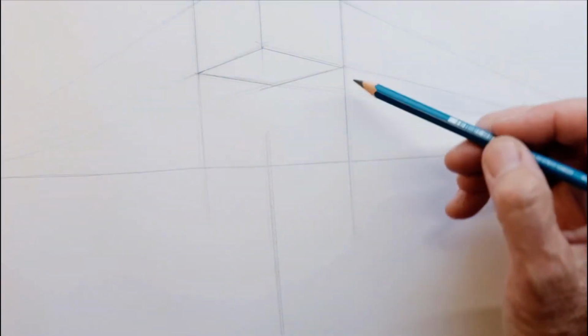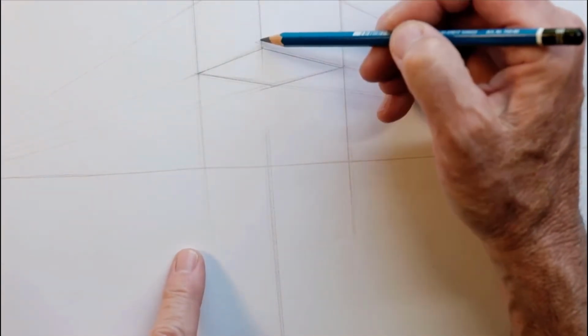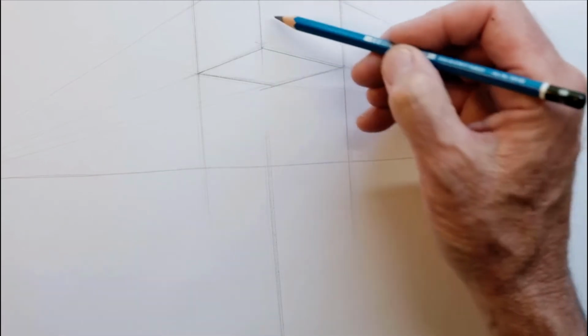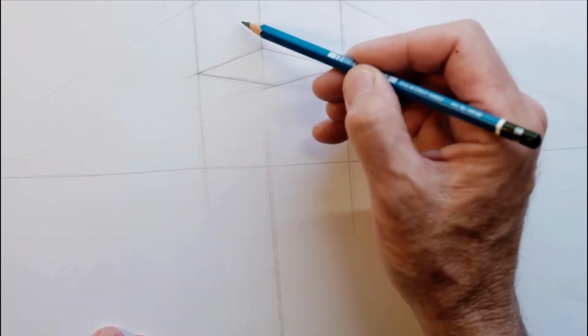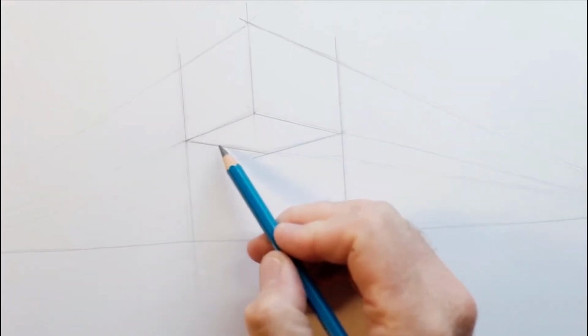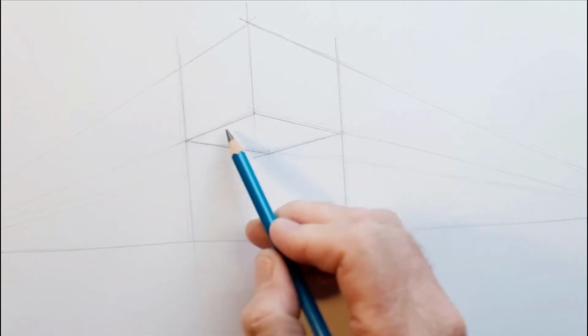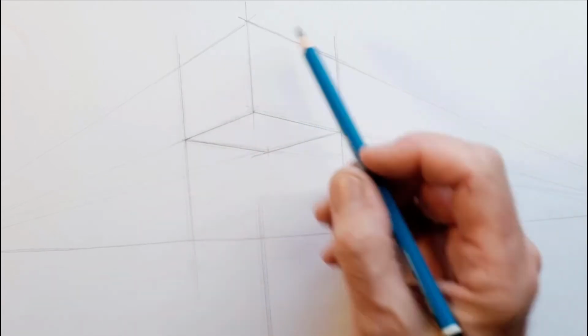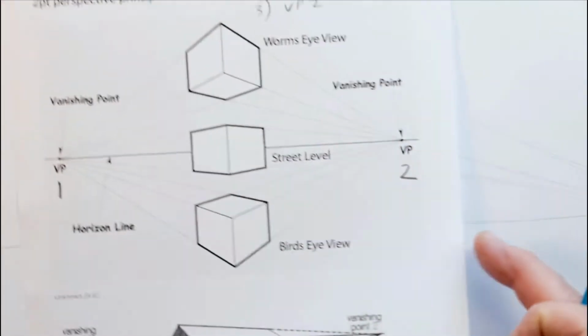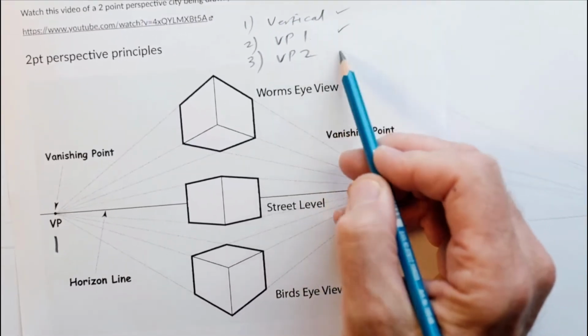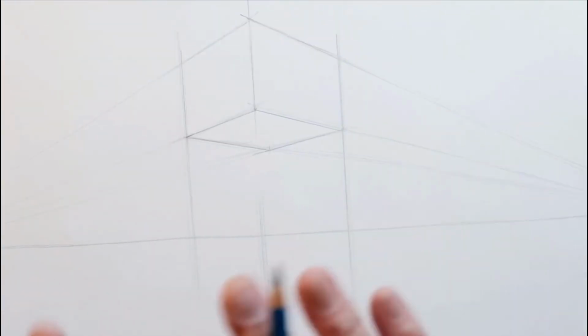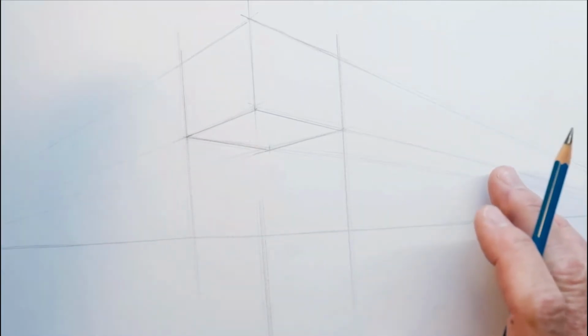That's probably not going to happen, because this is not going to line up with this corner out the back, because this is longer than this. Oh, sorry. Let me do that again. This is not going to line up with this because this is longer than this. So just make sure you follow the rules. If you follow those rules and your lines are reasonably straight, then everything's going to be fine.